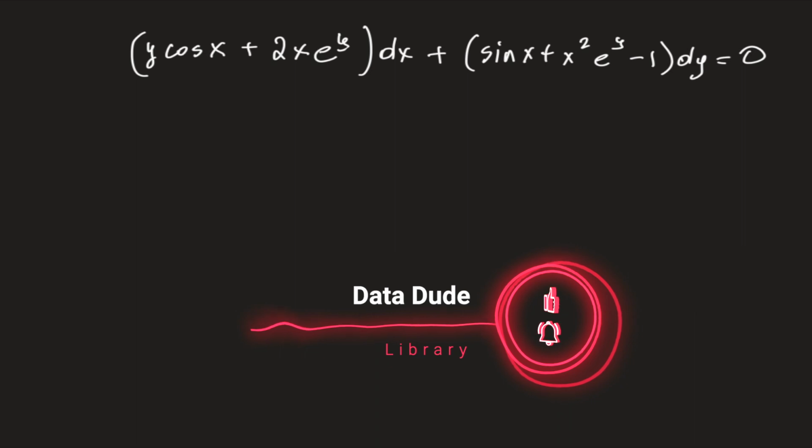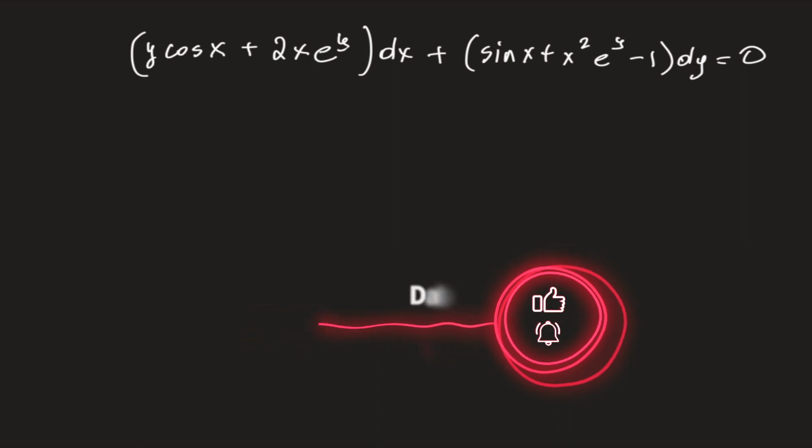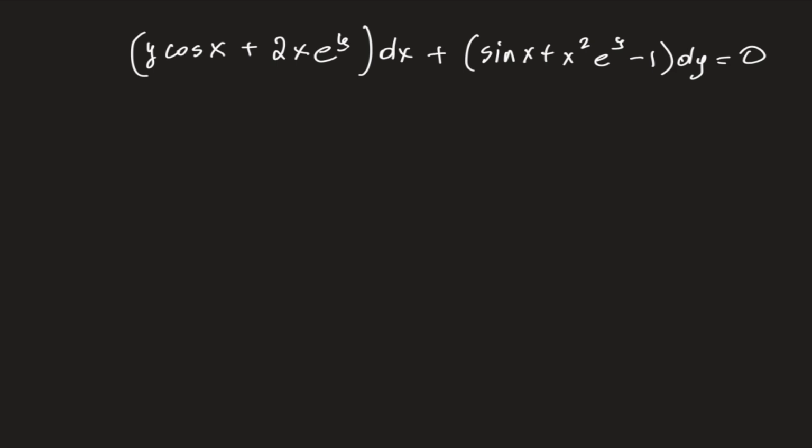So the first thing you have to do is test to make sure that this is indeed an exact equation. To do that, we have to find if the partial derivative of m with respect to y is equal to the partial derivative of n with respect to x, and we're going to call this function my m, and this function here my n.